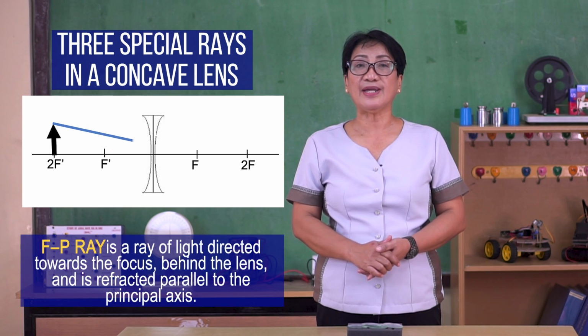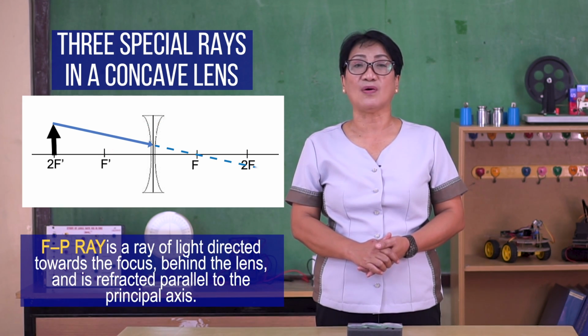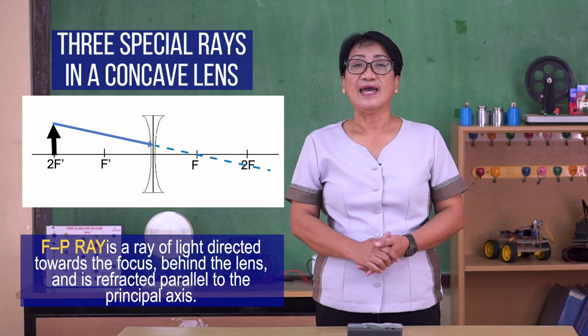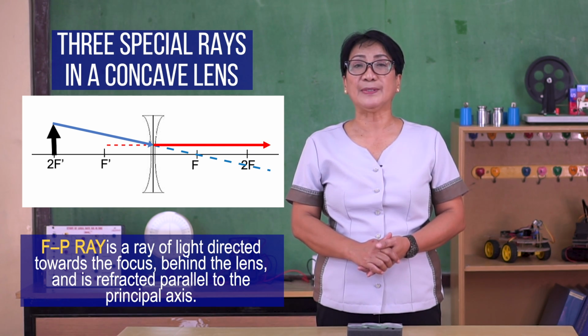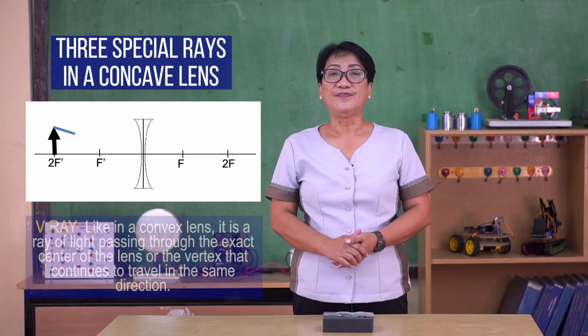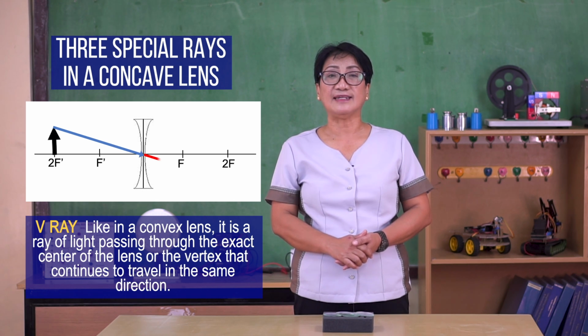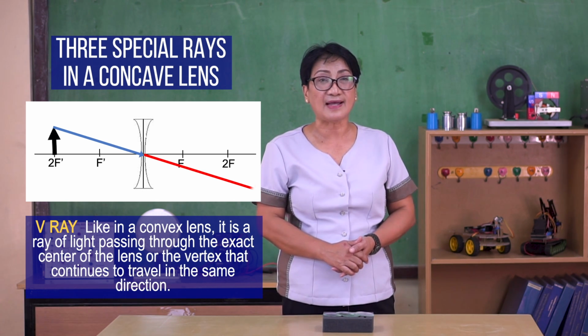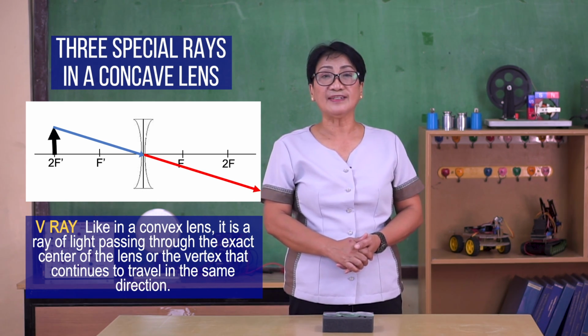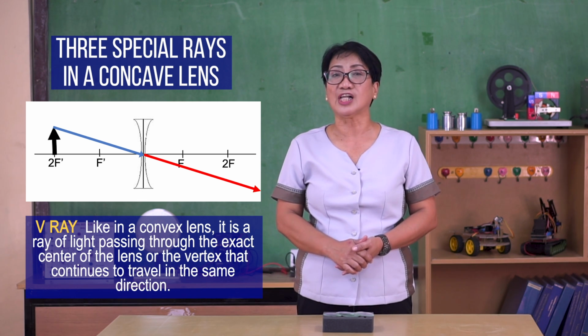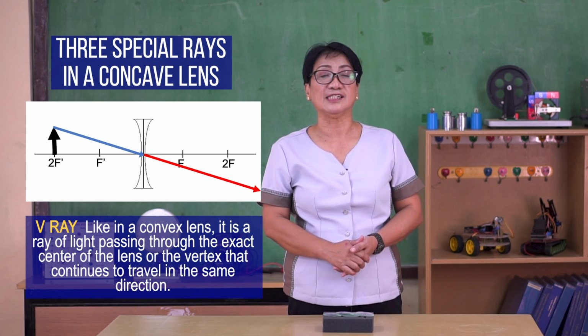The FP ray is a ray of light directed towards the focus behind the lens and is refracted parallel to the principal axis. The V-ray, like in a convex lens, is a ray of light passing through the exact center of the lens or the vertex that continues to travel in the same direction.